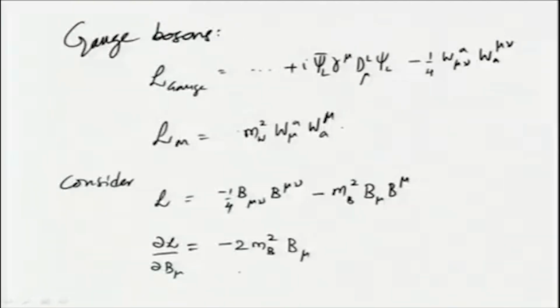Okay. And you write down the equation of motion for this, that will give you del square B mu, box square mu B mu, plus m b square B mu equal to 0.